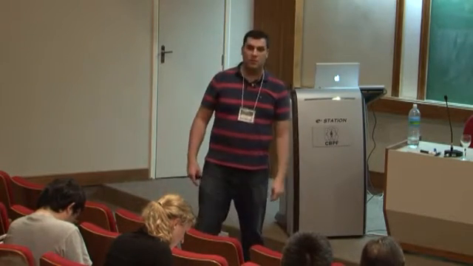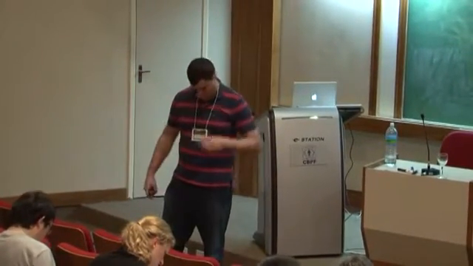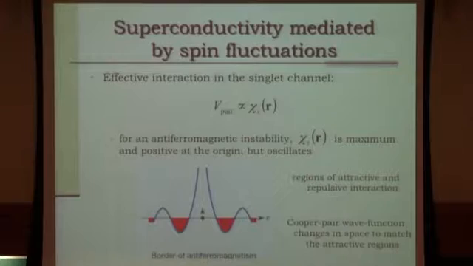Okay. So let me tell you a bit more. One thing that I have here, but I think it's going to be too many details, is how to derive this expression. This relates how the pair interaction is associated with the spin fluctuation spectrum. This is just the spin susceptibility.